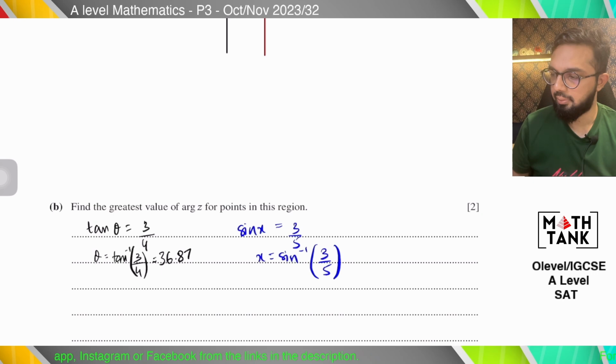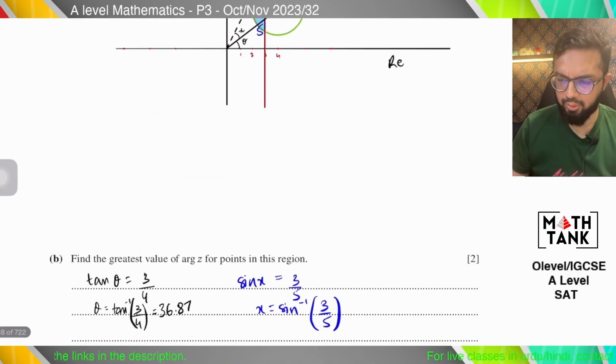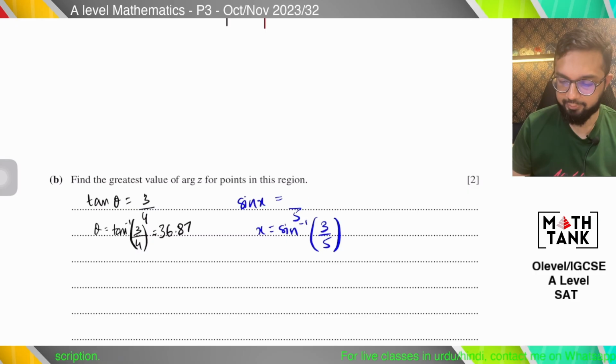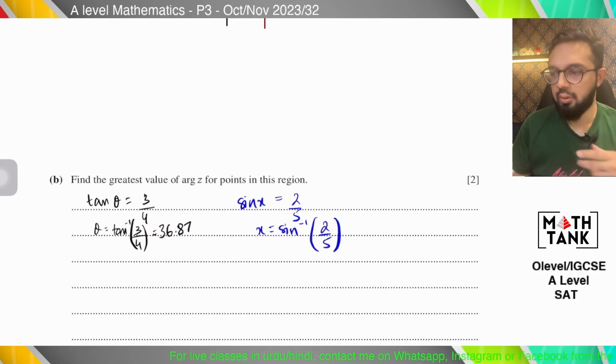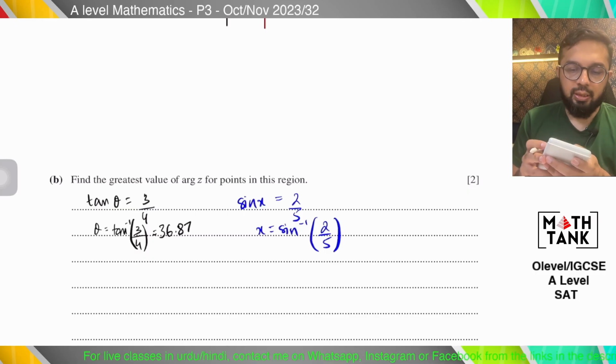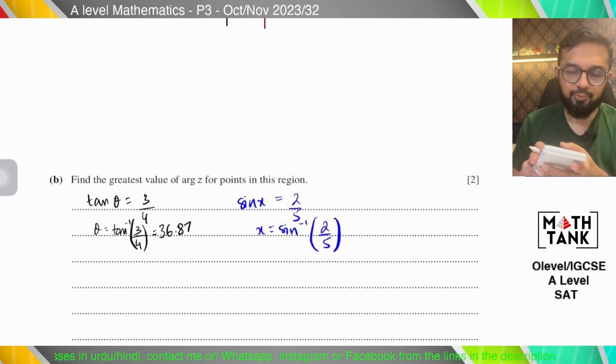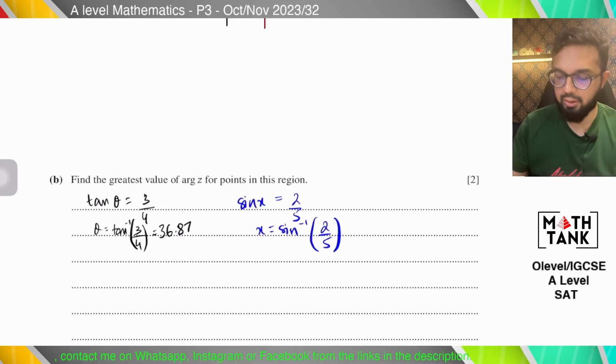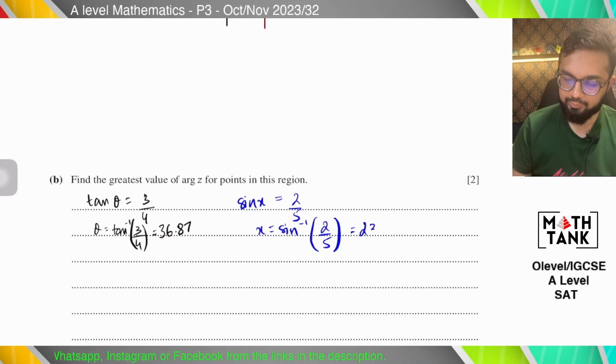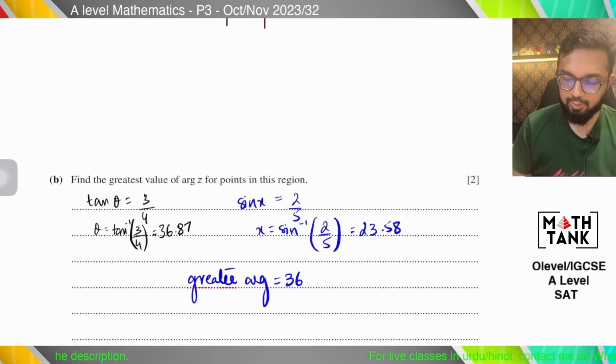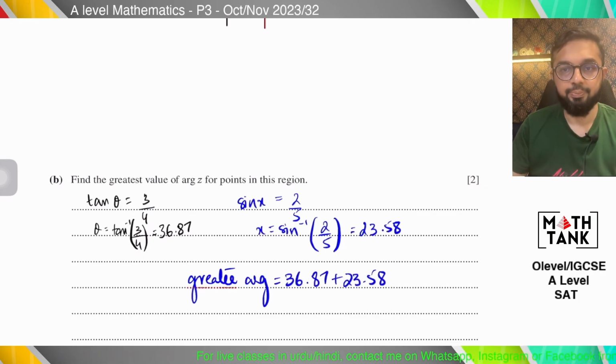Yeah, it's not 3 over 5, it's 2 over 5. That's the mistake that I made. So x is 23.58. So the greatest argument will be 36.87 plus 23.58.